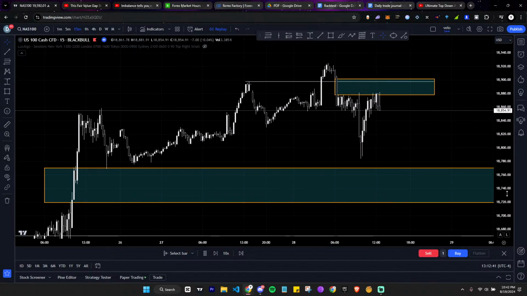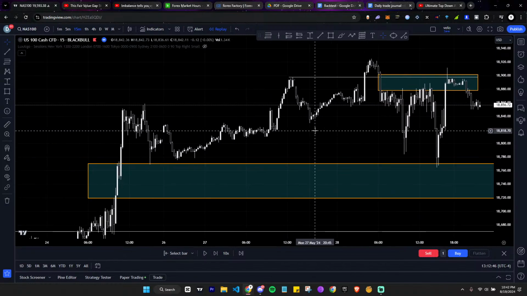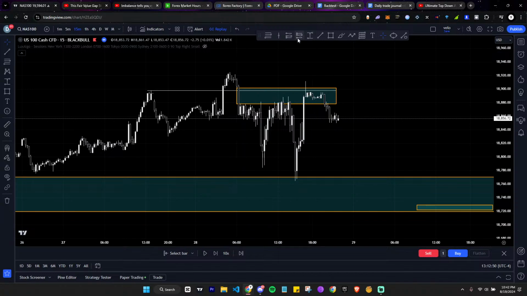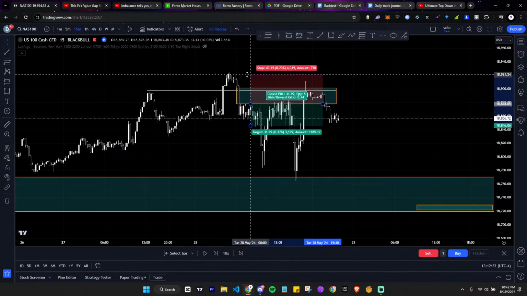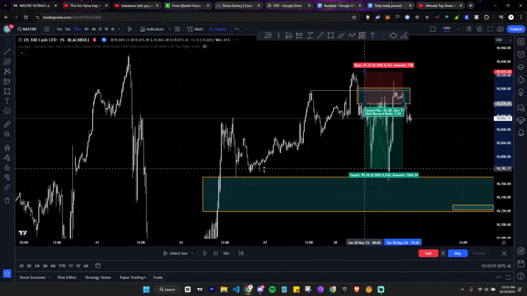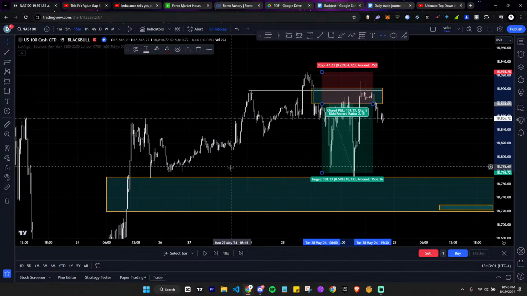We wicked into it, and boom. We use this as a point of interest, or a take profit in other words. So if we enter from here, and use this as my target, you get a 1 to 2.1.